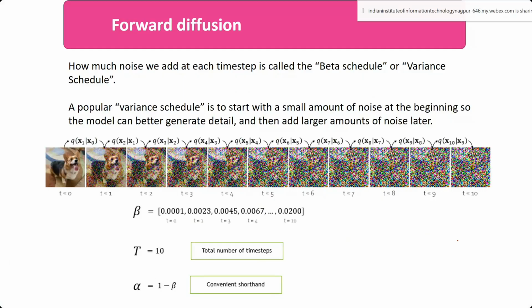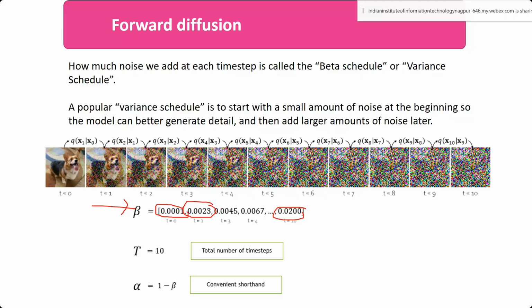In the paper the Google Brain team published for the diffusion model, they chose specific values for beta t for adding noise. At the initial level you add a small amount of noise, but later you can add more noise, because initially too many features are there and there is learning involved.